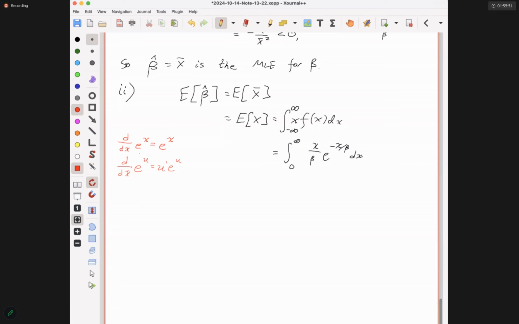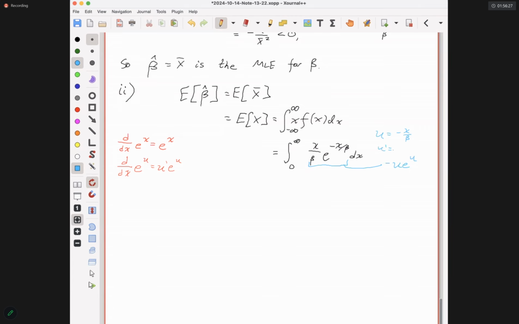And we're trying to apply this backwards. So here we have e to the u, it's like the negative x over beta. So that means that we can write this as negative u e to the u.